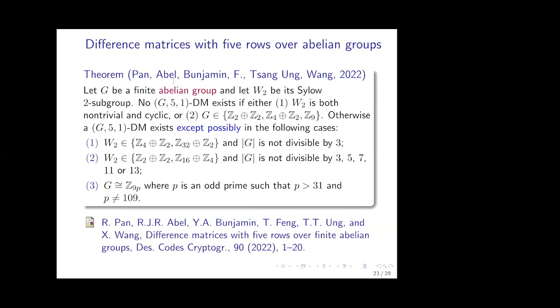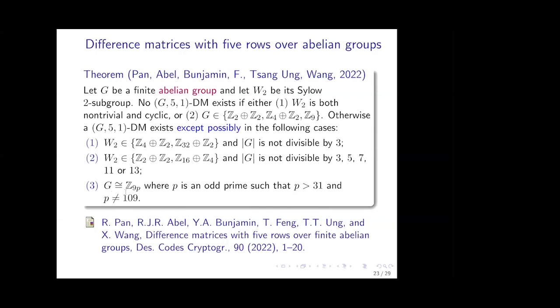He and his PhD students helped us construct many concrete examples, and together with some recursive constructions, we obtained this result. This result means that for any finite group, the equations are solved except for these 3 cases. The third one means the cyclic case is still open.